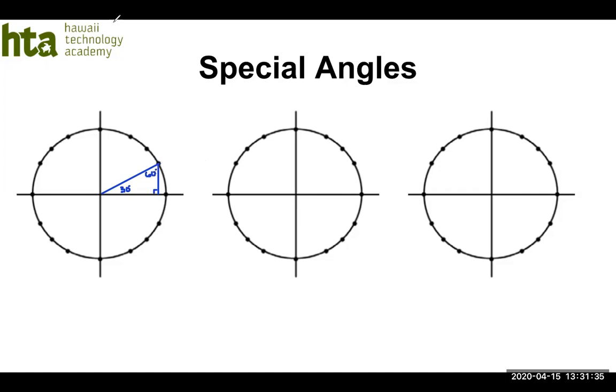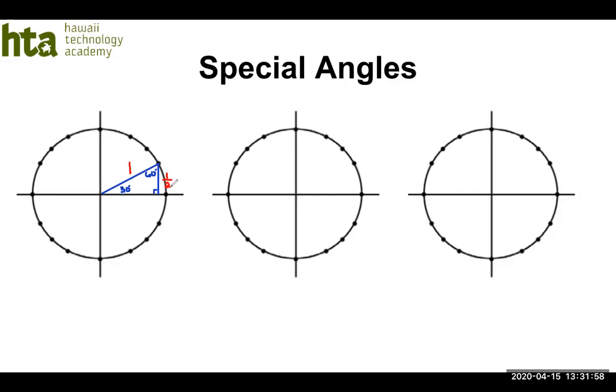And now we know that the radius of any triangle in the unit circle is 1. Oh, sorry, the radius is 1, which means our hypotenuse is 1. So how do we get the other parts of this triangle? Well, we just looked at it in the previous slide. The shorter leg, the opposite of the 30-degree angle, is half of the hypotenuse.